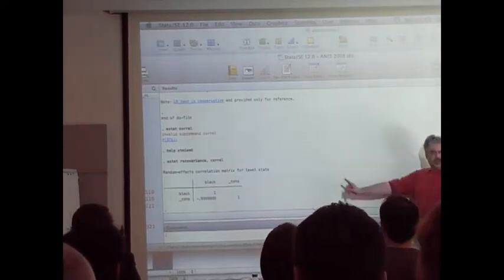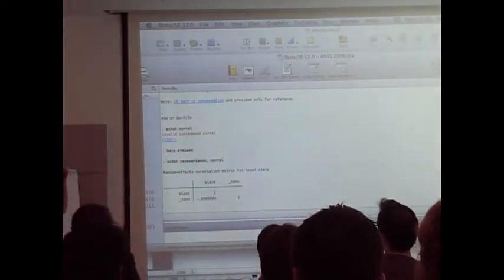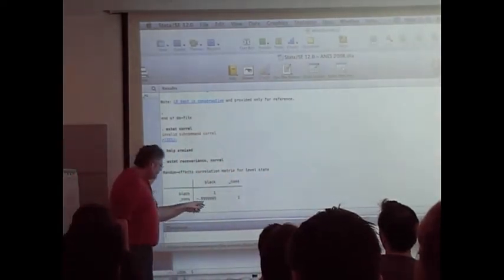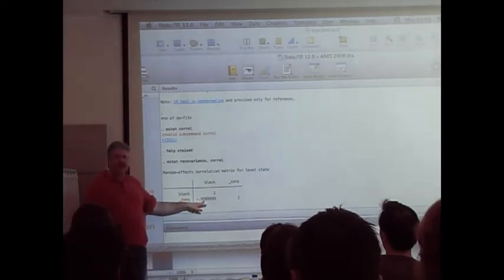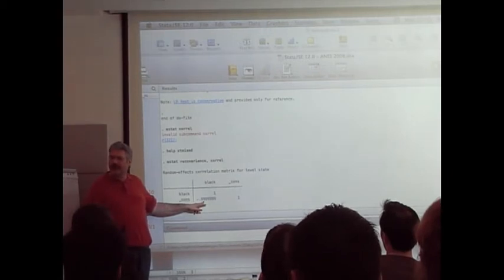So now I re-express this variance-covariance matrix as a correlation matrix. So this is the correlation between the intercepts and the slopes. You want to look at this. It's actually, I was wrong. I said it was a positive one. It turns out to be a negative one. Makes more sense than the positive one.